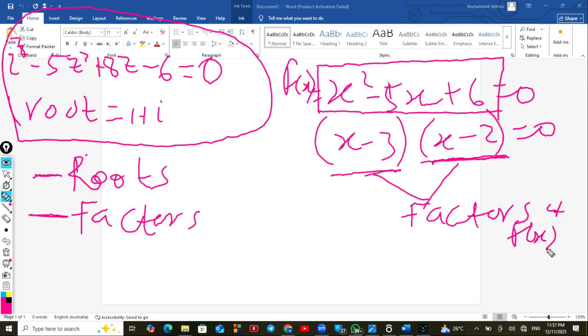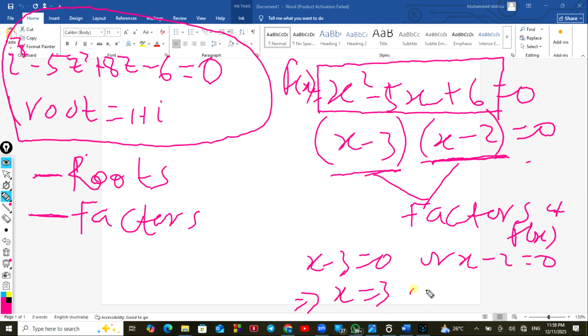But if we go on further to equate, x minus 3 is equal to 0, or x minus 2 is equal to 0, implies x is equal to 3 or x is equal to 2. Now 3 and 2 are the roots of what? f of x.